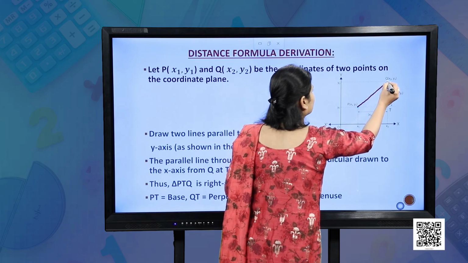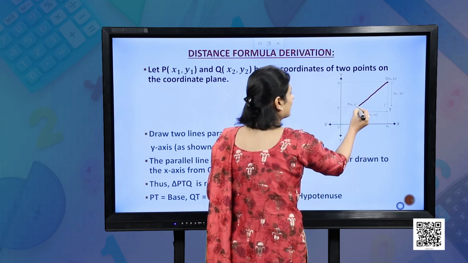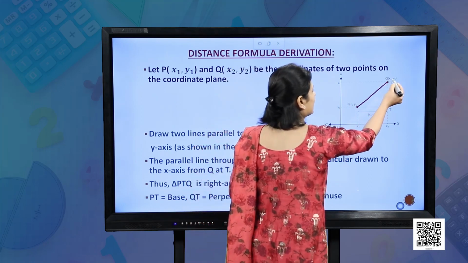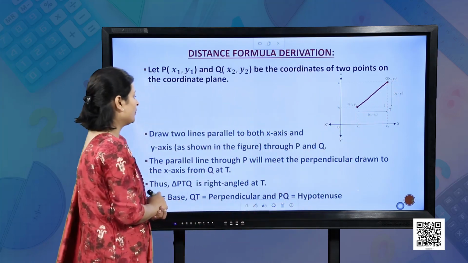For this, just see point P which is x1, y1 and point Q as x2, y2.